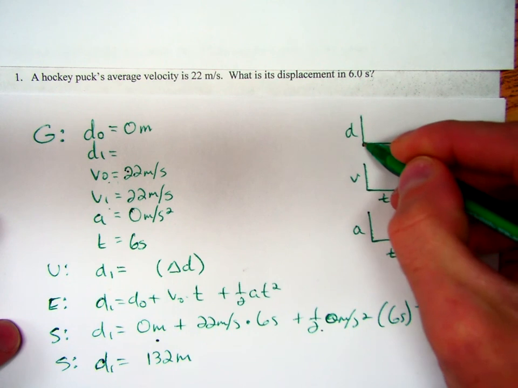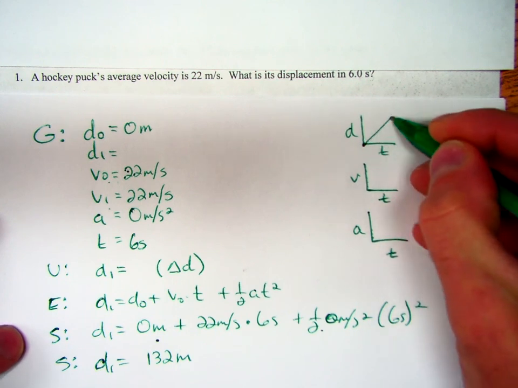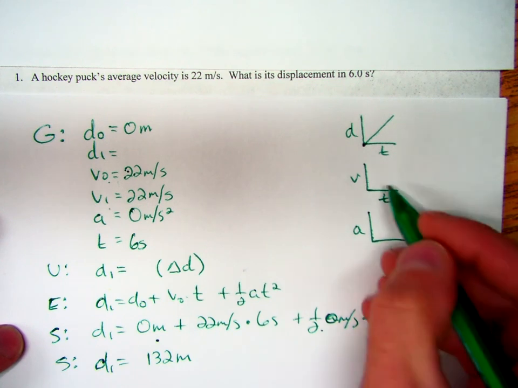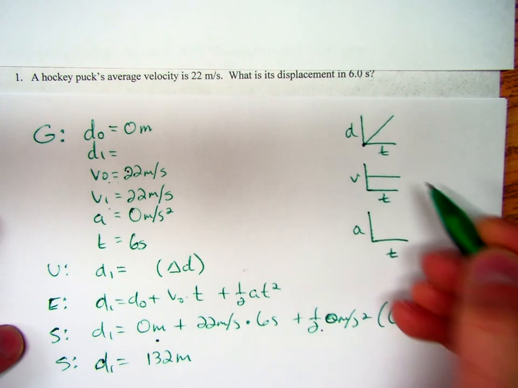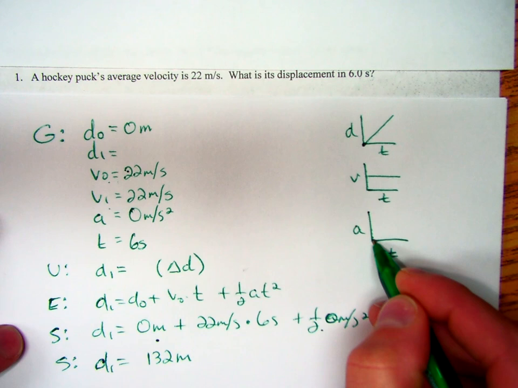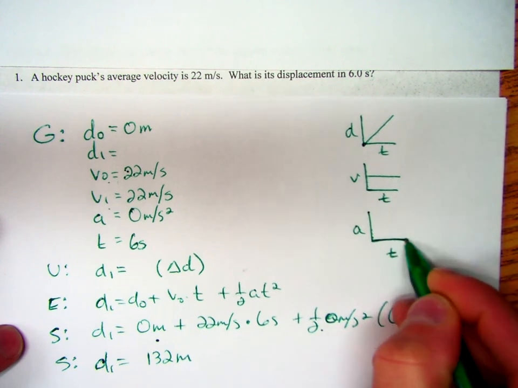So if you start at 0, its graph is going to look something like that. And the velocity is constant, so it's going to be a horizontal line. And the acceleration is a horizontal line at 0.